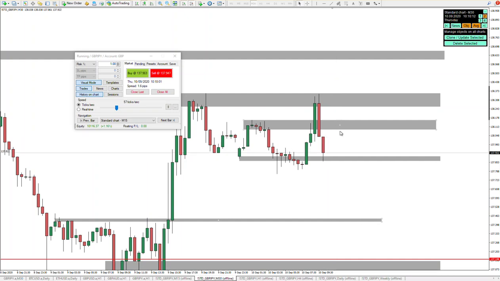$17 pips. Okay, Hugo, tell me what you see. Did I miss anything? Did I miss an opportunity?